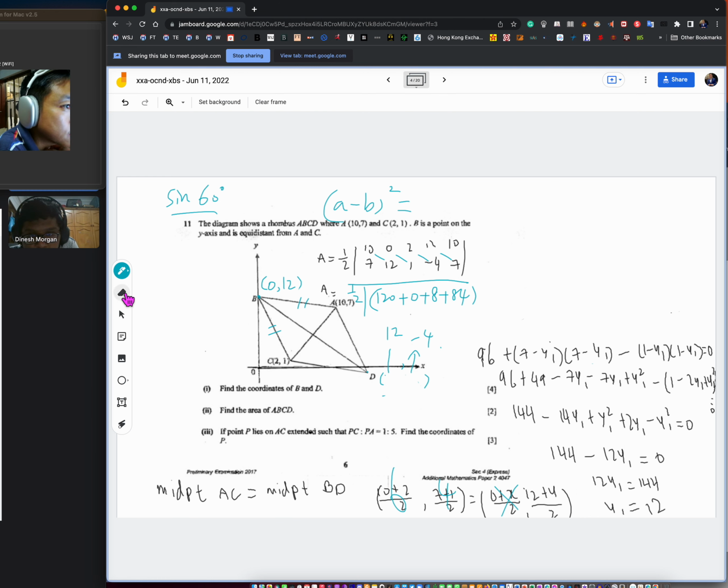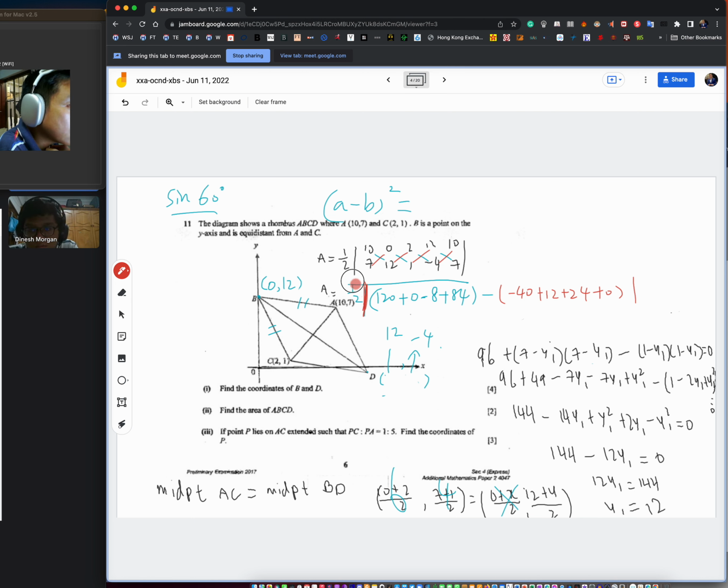Oh, sorry. Missed out the negative number. Thank you. Then you have the minus. So you minus the sum of the products of the red ones. So it's minus 40. So plus 12 plus 24 plus 0.